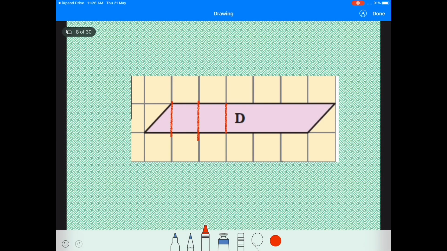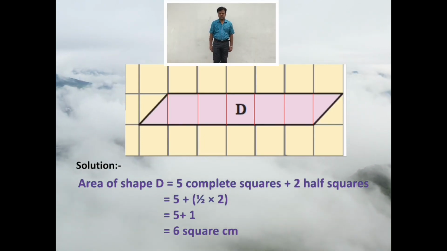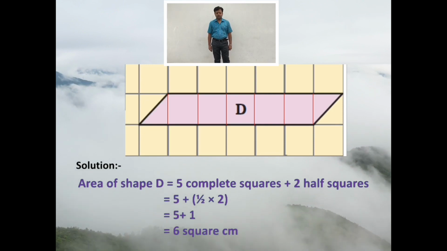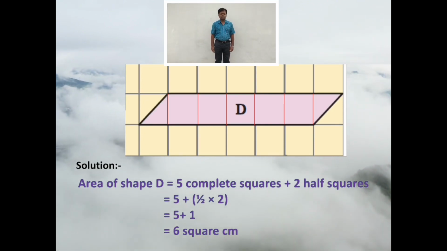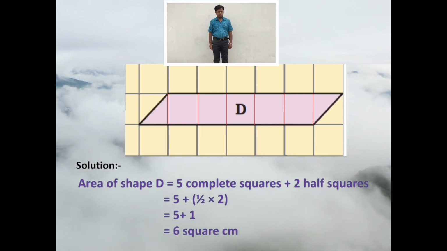Here we can see 5 complete squares, 1, 2, 3, 4, 5 and 2 half squares. So area of shape D is equal to 5 plus half into 2, that is 5 plus 1 is equal to 6 square centimeter.